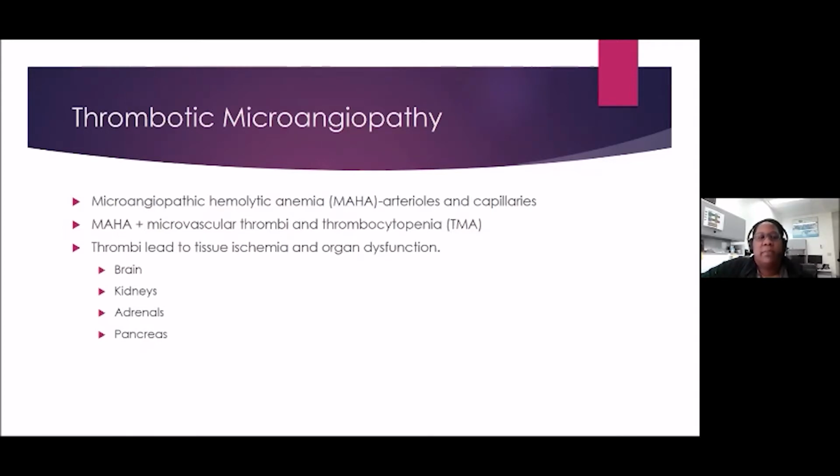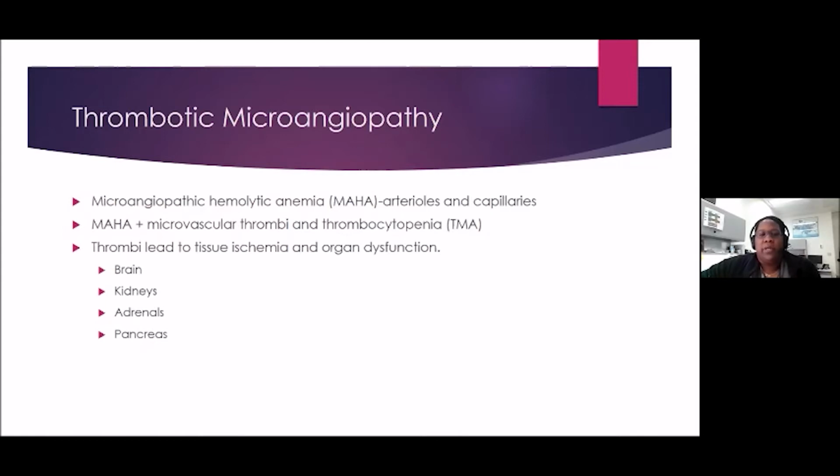So we can have microangiopathic hemolytic anemia and microvascular thrombi and thrombocytopenia. We call this thrombotic microangiopathy. What happens here is in the small vessels, you get thrombi, and they occlude the vessel, so there's no blood flow to the respective organs, and you end up with tissue damage.